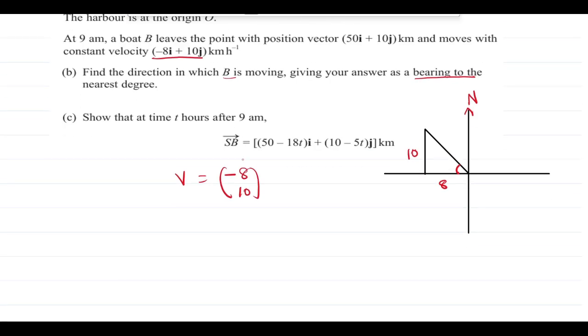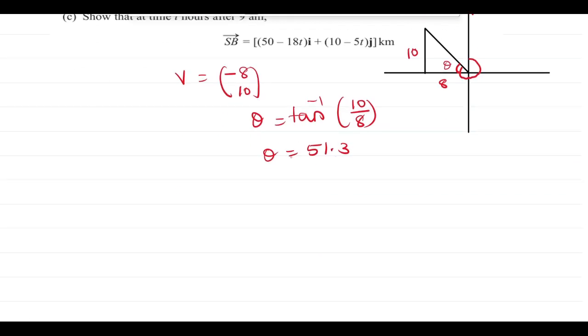So bearing is always the angle from the north. Let's find theta. Theta is tan inverse of 10 by 8, so theta is 51.3 to 3 significant figures. The required bearing is found by adding the angle from the north.